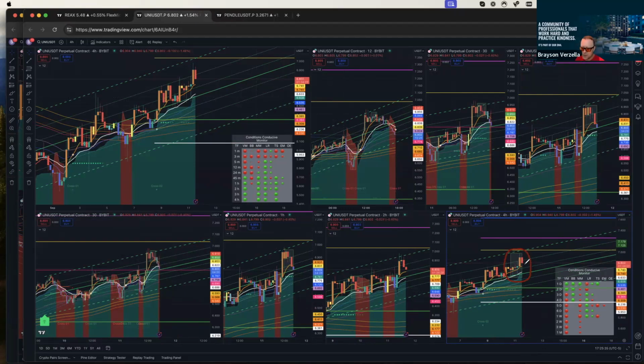So chances are it's just taking me to a place where, right around that 4-hour movement monitor, I should actually long it. These things will more than likely be short-lived. They're just taking me to a better entry.